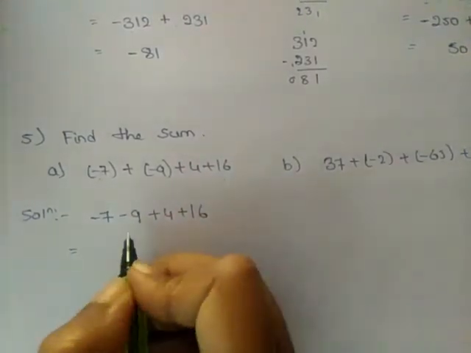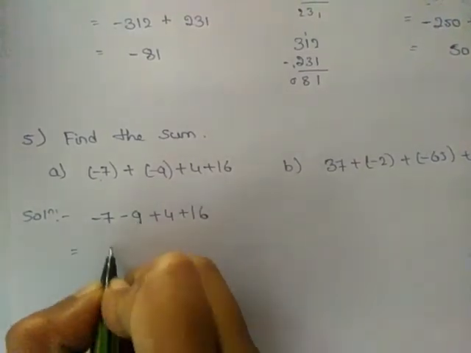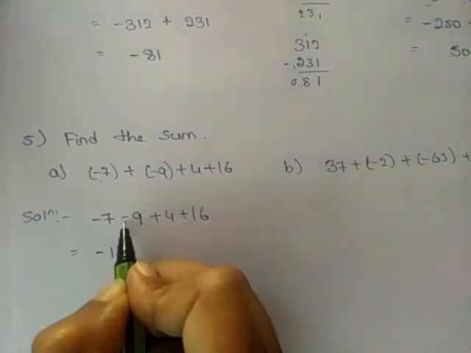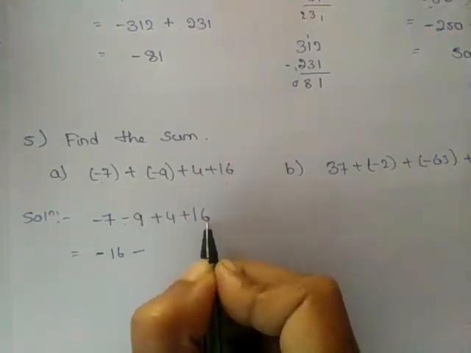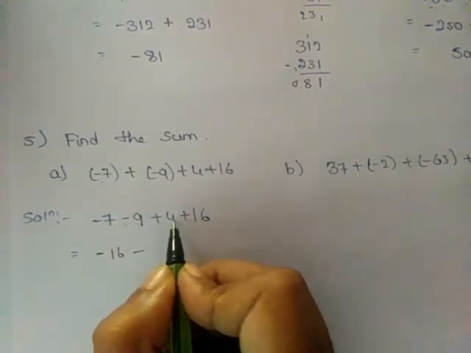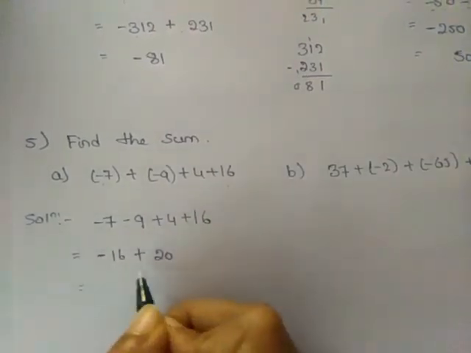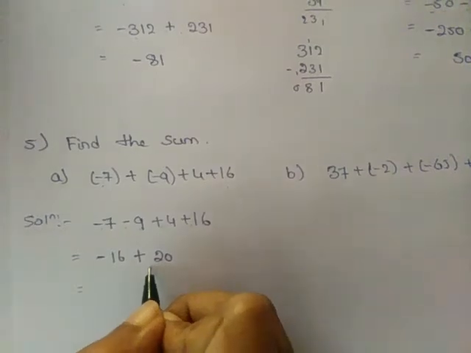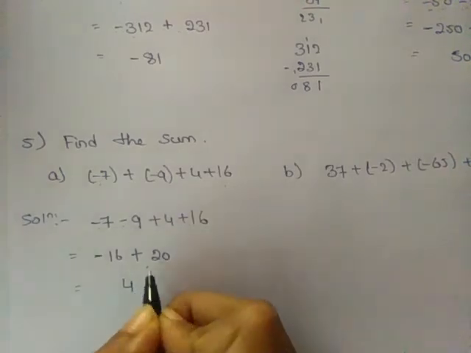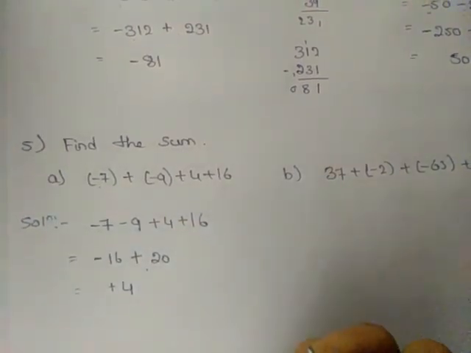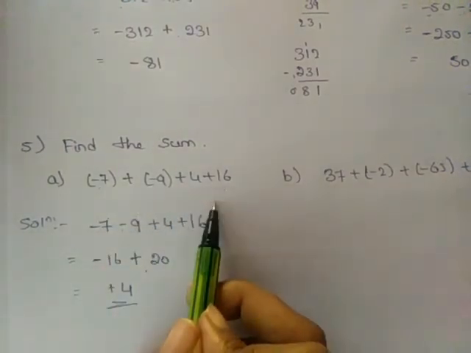We'll add these two values, 7 plus 9, it will be 16, minus 16 because of the bigger number sign. Then again these two have the same sign, we'll add 4 plus 16, it is 20, bigger number sign, plus. Now these have different signs, so we'll get answer as 4, bigger number sign, plus. This is how we need to add 4 integers.